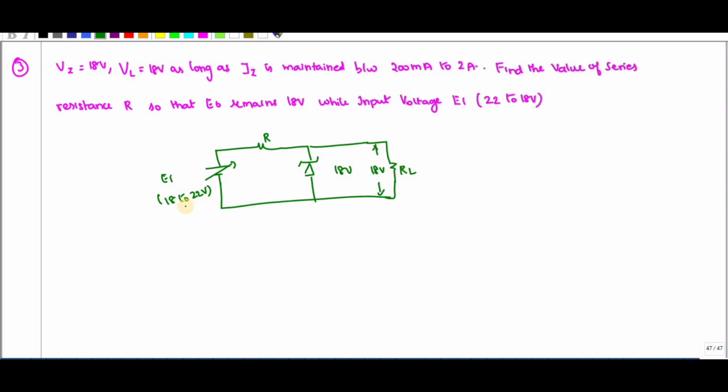Find the value of R. They have given the RL value as 18 ohm. So if this is 18 ohm, the current IL flowing is 1 amp.